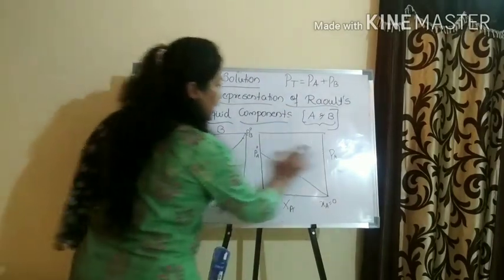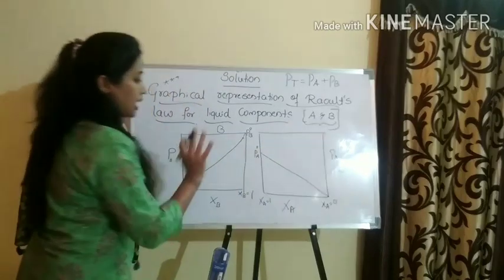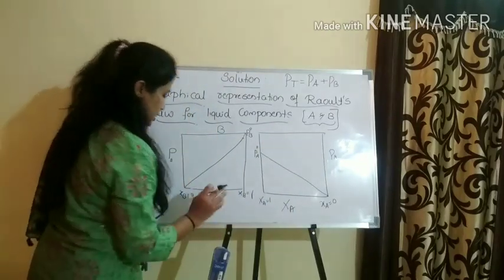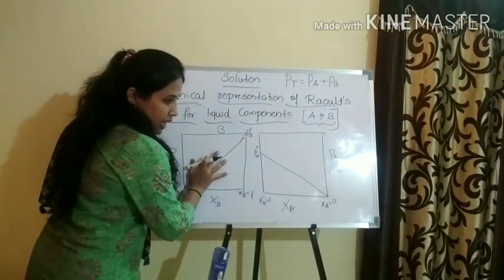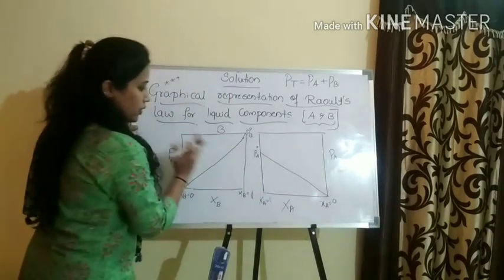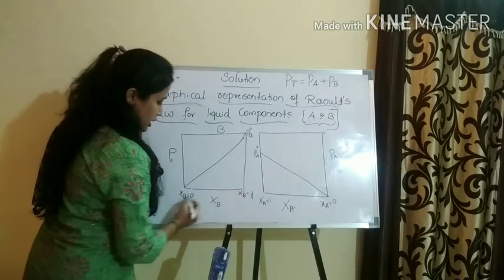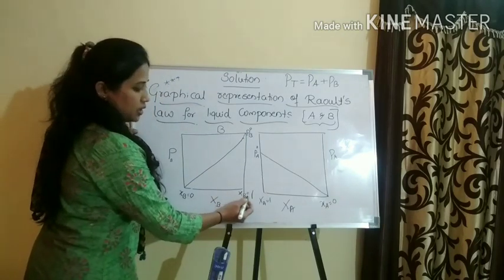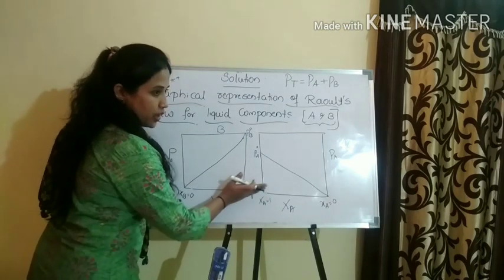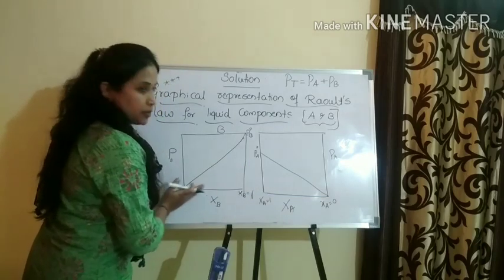Now, if I combine these two graphs, what happens? Just observe. Already B I have. I am going to take this A over here. It is quite simple. Here xB equal to 0, xB equal to 1. In this way the mole fraction of B is increasing.